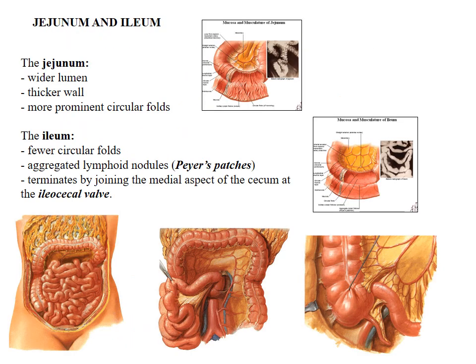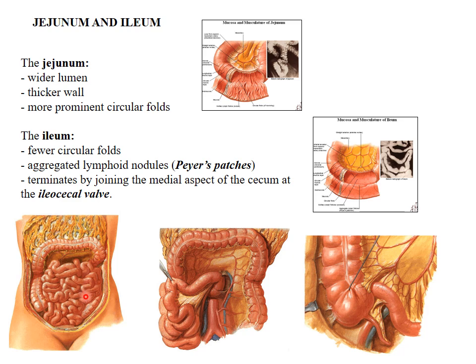After the duodenum come the jejunum and ileum. The jejunum begins at the level of the duodenojejunal flexure on the left side of the second lumbar vertebra, and the ileum continues and ends in the right iliac fossa, with the opening in the cecum of the large intestine, which is named the ileocecal valve.